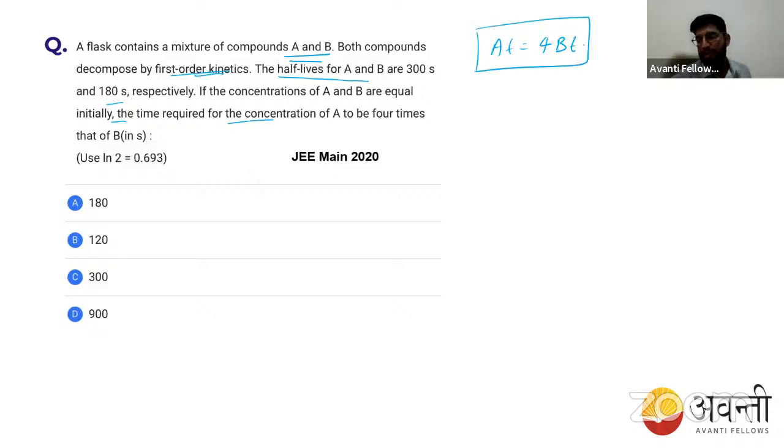Very important question. Tell me the correct answer in the chat box. Think about the question. Don't be in a hurry. Very easy question. Just use small tricks in your mind and tell me the answer.